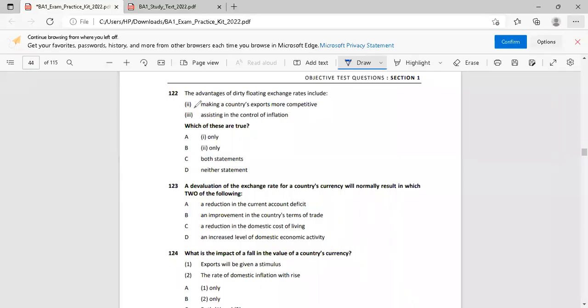This seems to be correct. We see both of them are correct. It is making countries' exports more competitive, and that is correct. And assisting in the control of inflation is also correct. What the option is, both the statements are correct. Okay, good. 123.